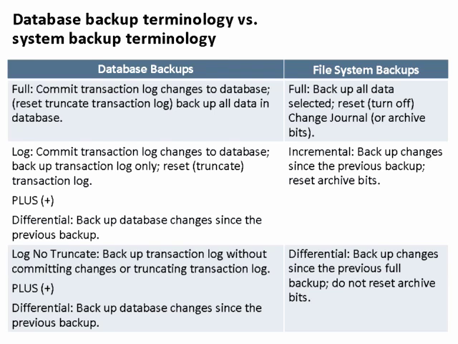So very similarly to an incremental backup that resets the change journal or archive bits, a log backup resets the transaction log. You also have on a file system a differential backup, which means that I'm backing up the changes since the last full backup. In database terminology, what that means is I still must touch both sides of the database if it's SQL. I must deal with the transaction log and the changes to the database. In this case, you would do a log no truncate, meaning that you're backing up just the transaction log.